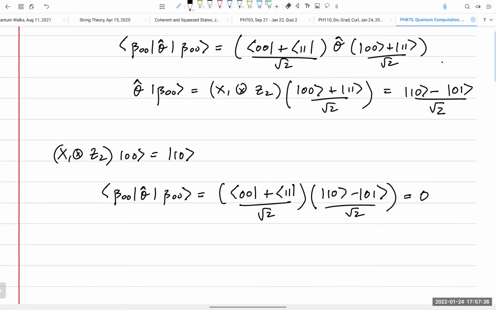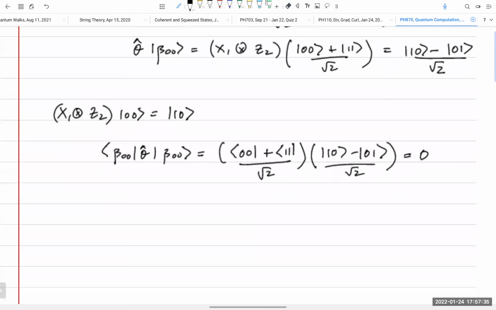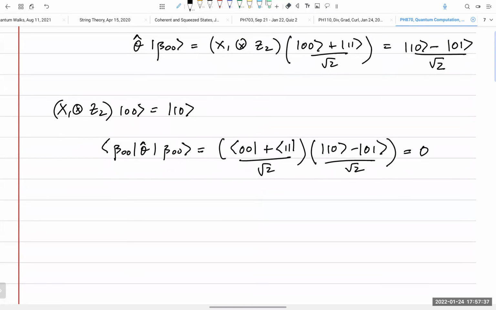And this is going to be 0 because these states are all orthogonal to each other, right? 00 is orthogonal to 10 and so on. Is this clear to everybody? Are there any questions? No? Okay.